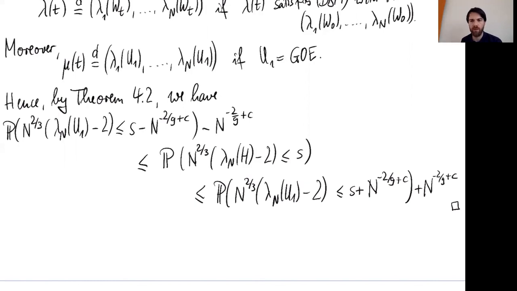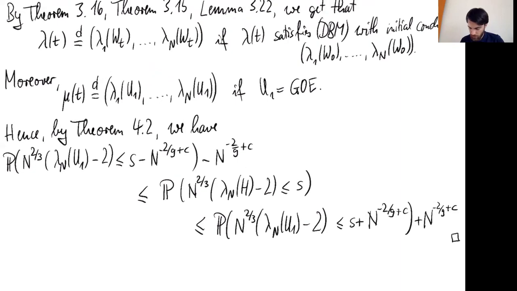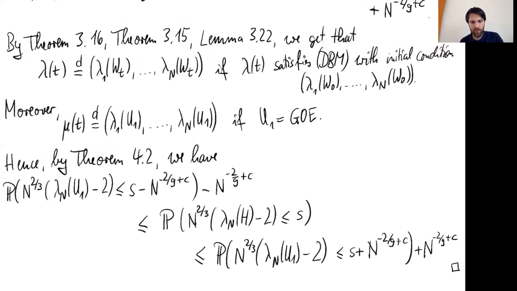And as Celia mentioned before, the important thing is that, of course, the C here has to be smaller than this 2 over 9, but that's correct. And actually, I think the previous theorem is even correct with all positive epsilon, so you can choose it as small as you want. Okay, so that's the proof of this theorem 4.1 of the edge universality.